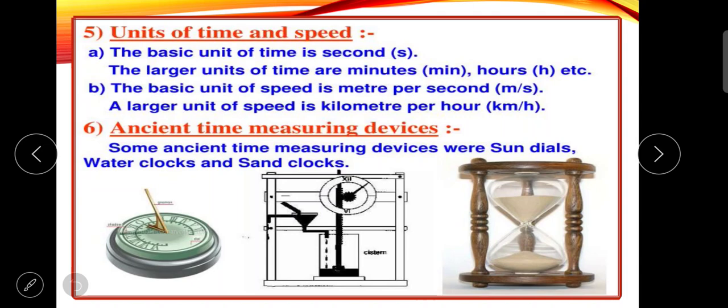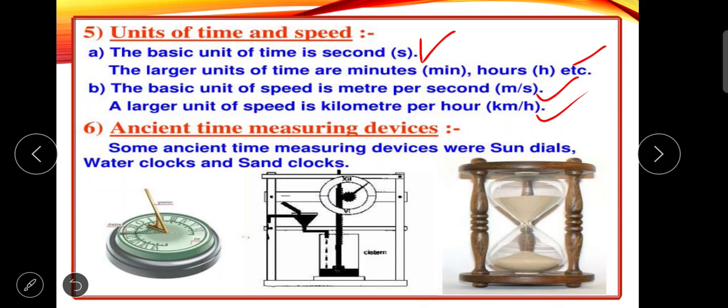By this, what we have learned is: the basic unit of time is the second, larger units of time are minutes and hours, the basic unit of speed is meter per second, and a larger unit is kilometer per hour. Other than that, children, in ancient times there were measuring devices used. Some of them were sundials, water clocks, and sand clocks.